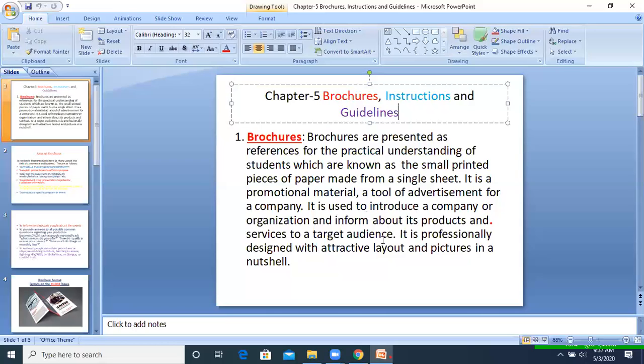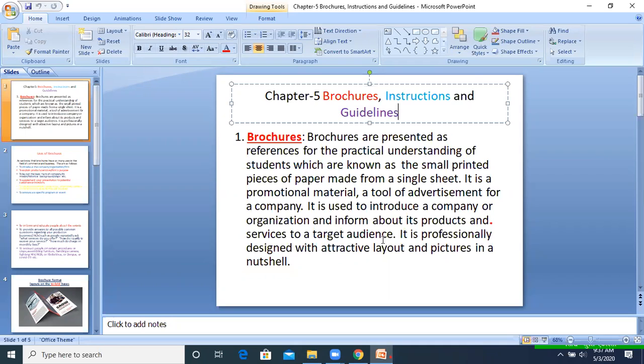Especially here, target audience means target direct clients, direct consumers who are having the service or products of companies in their vicinity. That's why this type of consumers, this type of clients, are called target audience here. Don't get any confusion here.